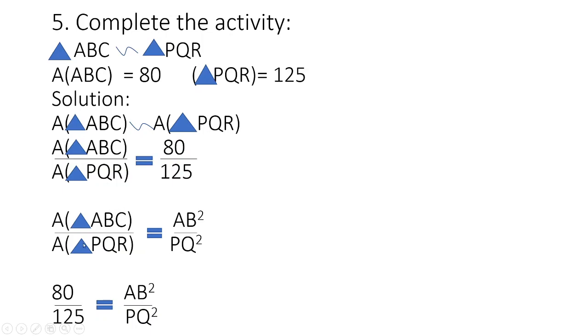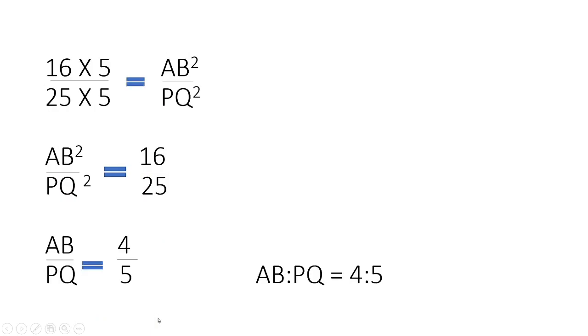In the question, the areas of ABC and PQR are given as 80 upon 125. In this activity, in some steps there will be brackets. Suppose AB square upon bracket, you have to fill here PQ square. 80 upon bracket, you have to fill here 125. So 80 upon 125 is equal to AB square upon PQ square.